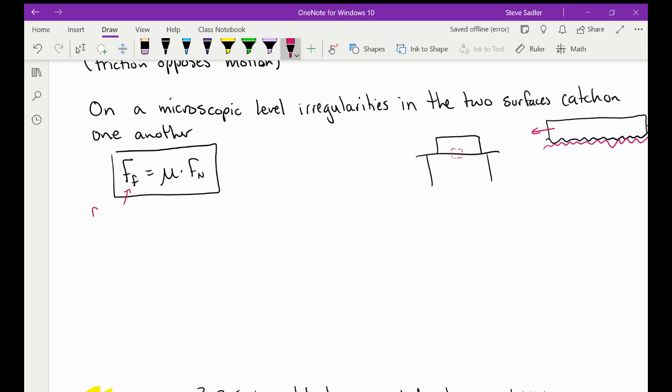FF is force of friction, and that is in newtons. Mu is an interesting one. This is also called the coefficient of friction. And it actually depends on the surfaces.